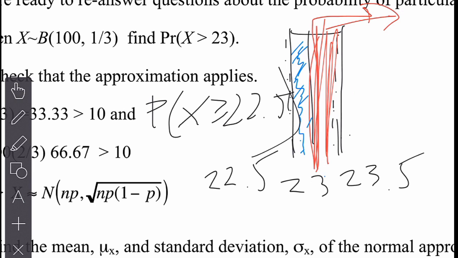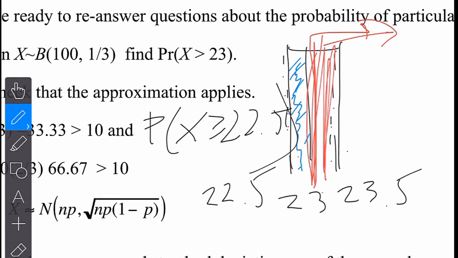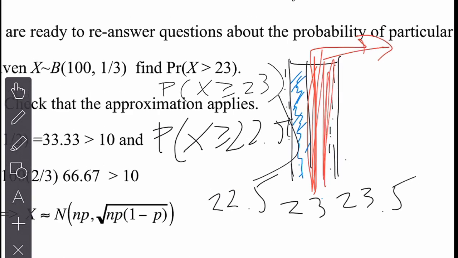But what if you don't want to include 23? What would you do? So just the original problem that I have written in the notes. If you wanted higher than 23, excluding the bar completely, you would do something different.